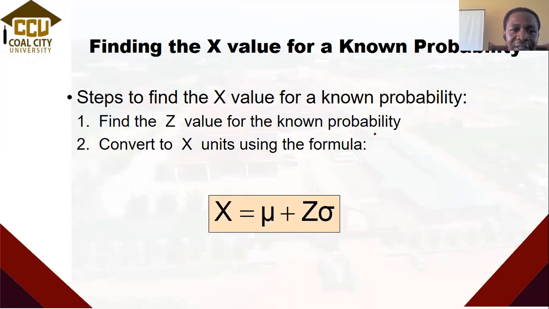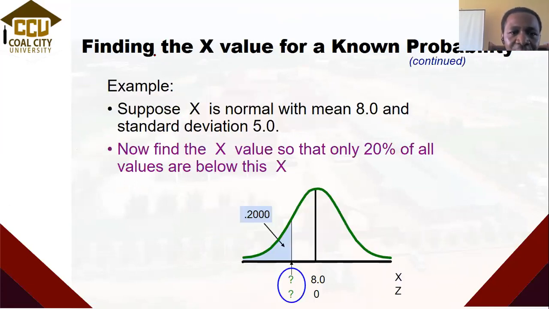So let's take, for example, that x is normal with mean 8.0 and standard deviation 5.0. Find the x value such that only 20% of all the values are below x.